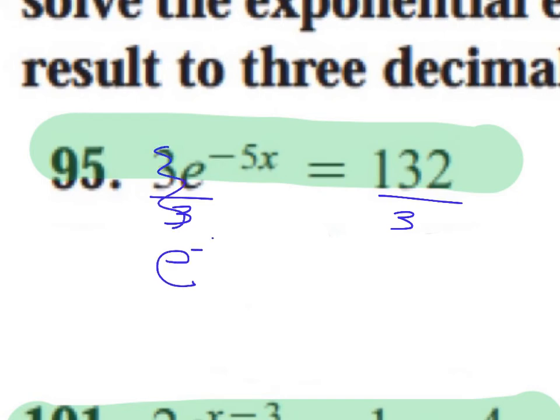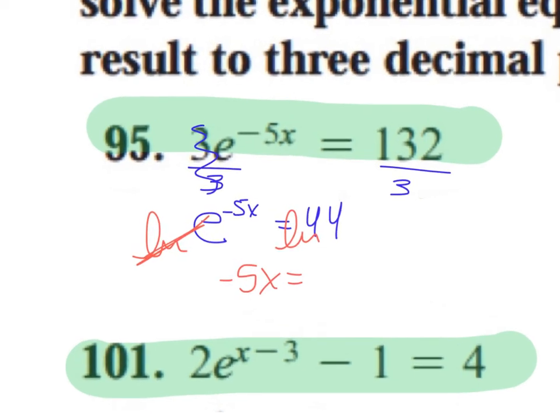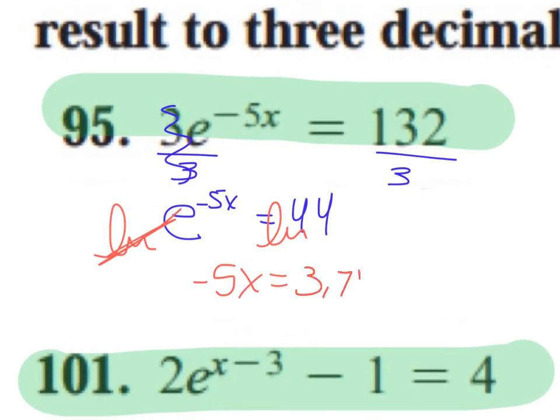So I have E to the negative 5x equals, what's 132 divided by 3? 44. Now what do I do? I take the ln of both sides. So I have negative 5x equals, what's the natural log of 44? 3.7884, and then my last step is to divide by negative 5.